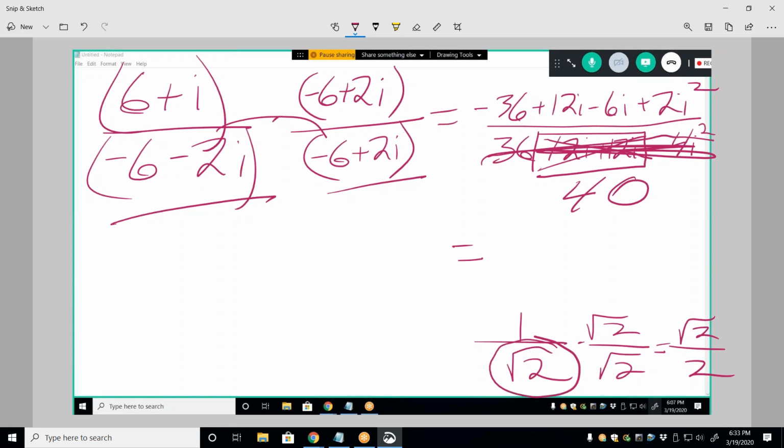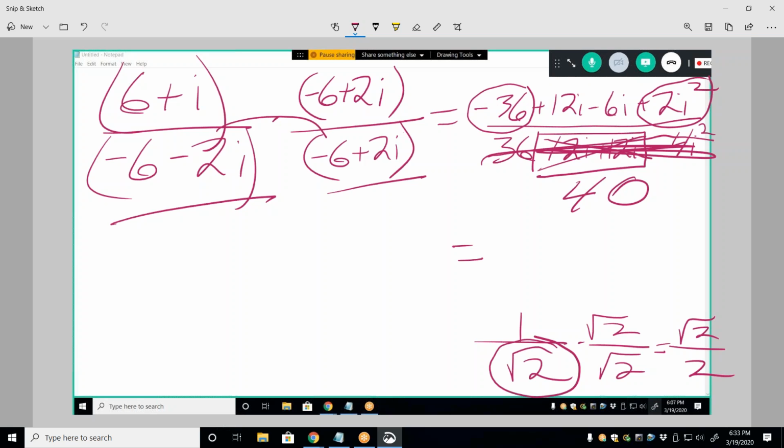Go ahead and come up with the real part of it, which is that and that. In other words, 2i squared is now a real number. It's no longer an imaginary number. What real number is it?